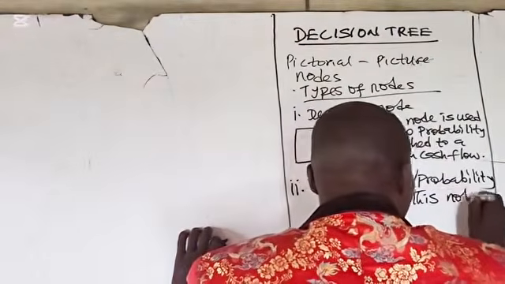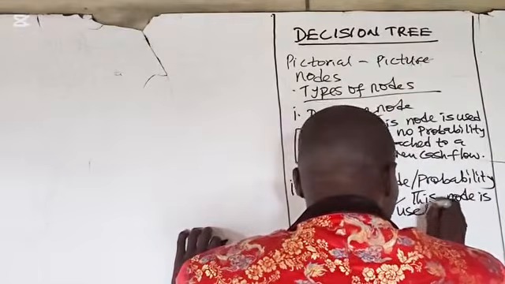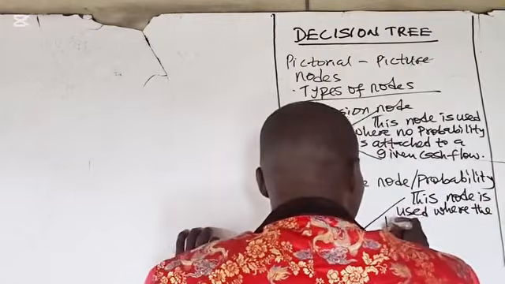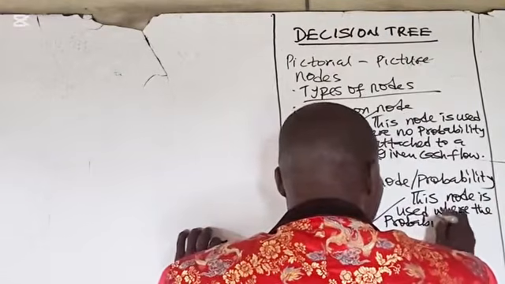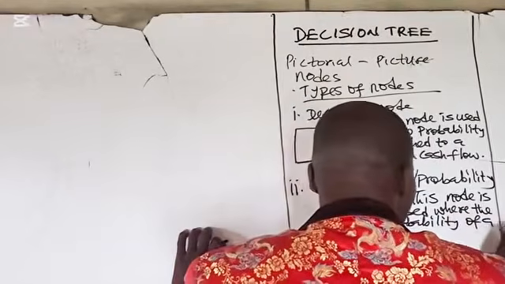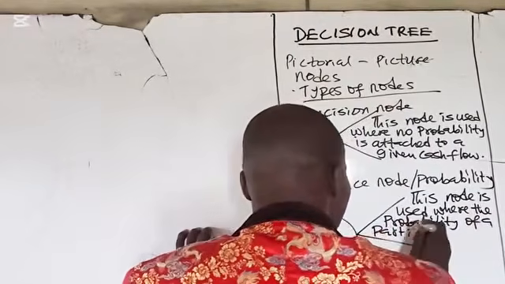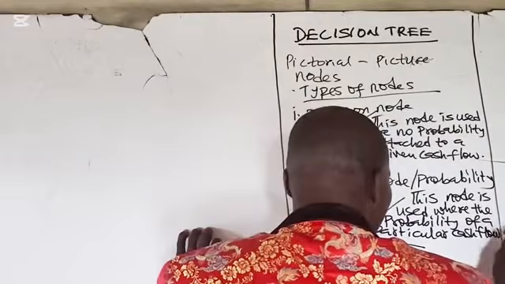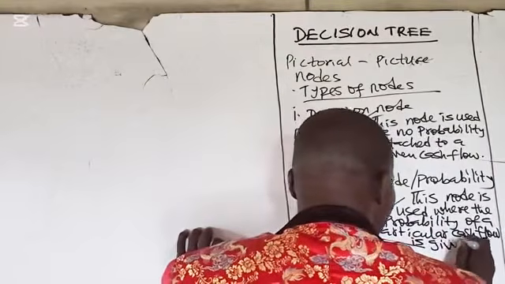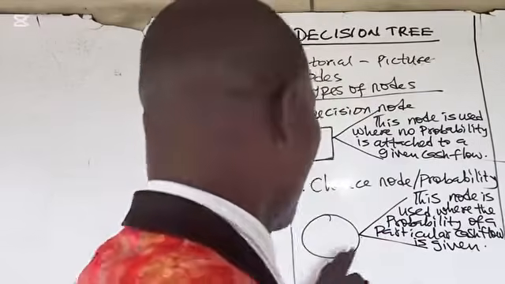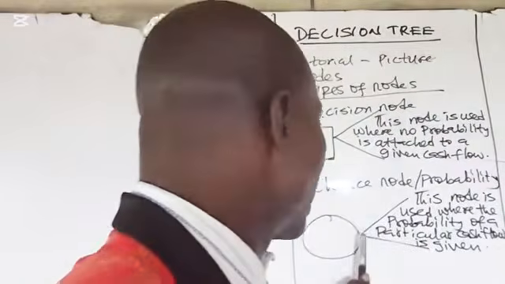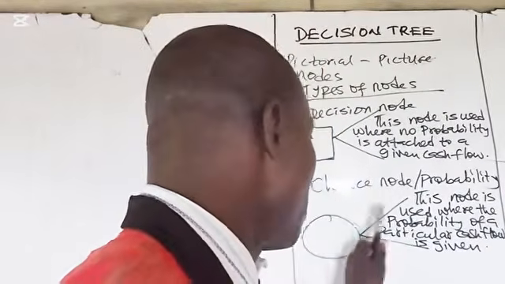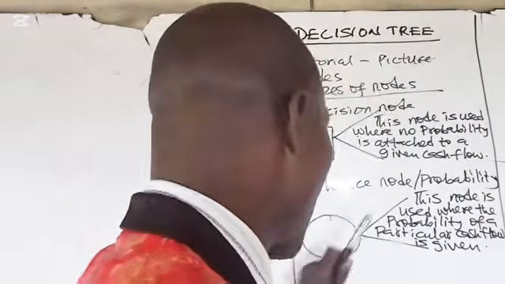This node is used where the probability of a particular cash flow is given. So if you want to draw that region of the cash flows with the attached probability, then you use the chance node. I've told you the word chance means probability, and it is like this.